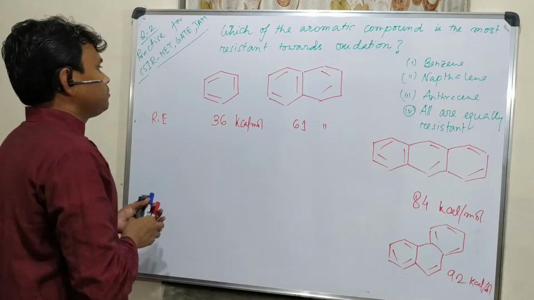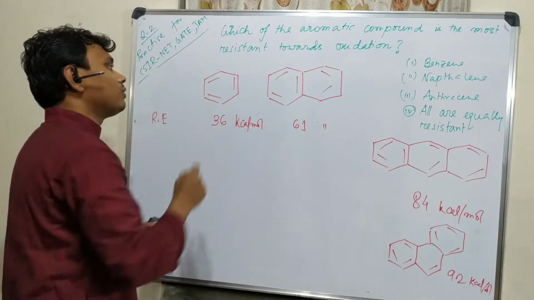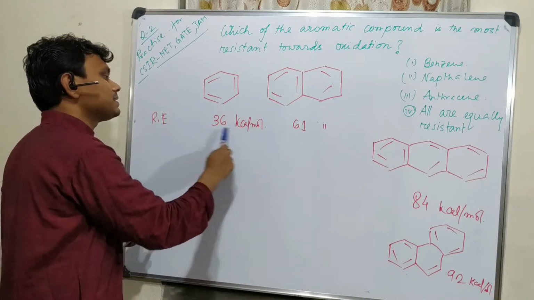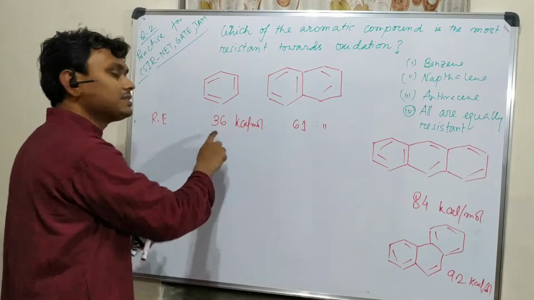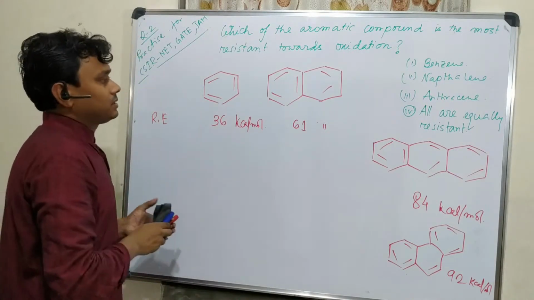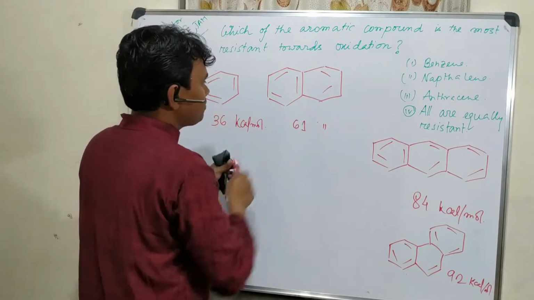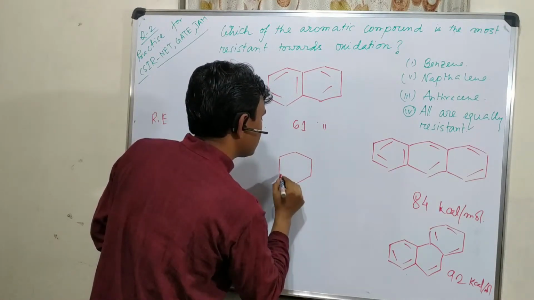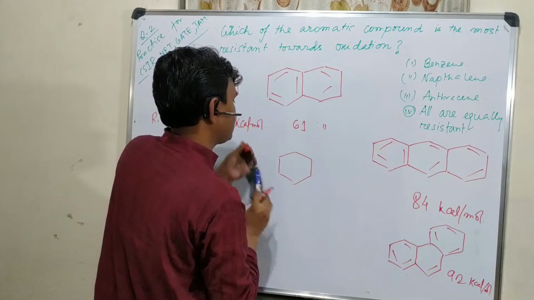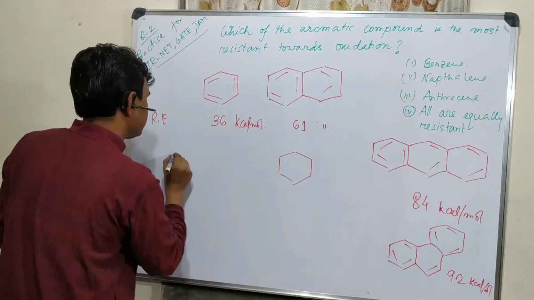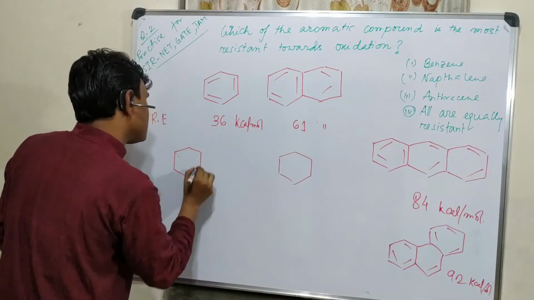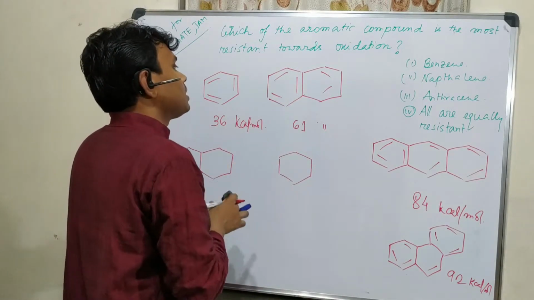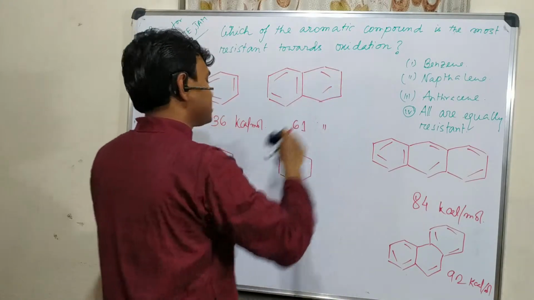Now, if benzene is oxidized, a big amount of resonance energy will be lost, for example 36 kilocalorie per mole. But if naphthalene is oxidized, one ring will be oxidized.